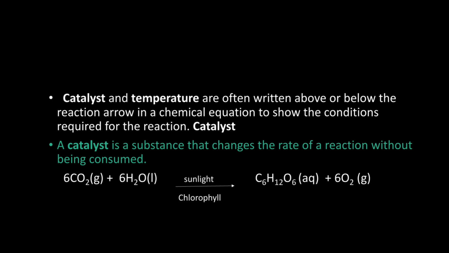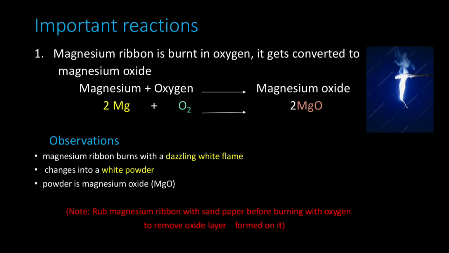Chlorophyll is a primary catalyst in this reaction, helping sunlight to be absorbed. That is the reason photosynthesis takes place only during the daytime and in the presence of chlorophyll. Photosynthesis takes place in green plants, not yellow, not brown color, right?